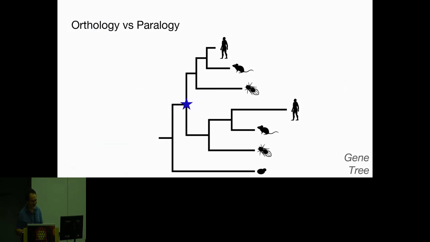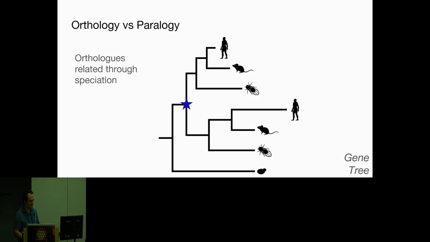Okay. So the audience is very broad, and I want to start by just talking about orthology versus paralogy. Here, this is a gene tree, and we have two human genes and two mouse genes, due to the duplication event that happened in the ancestor.